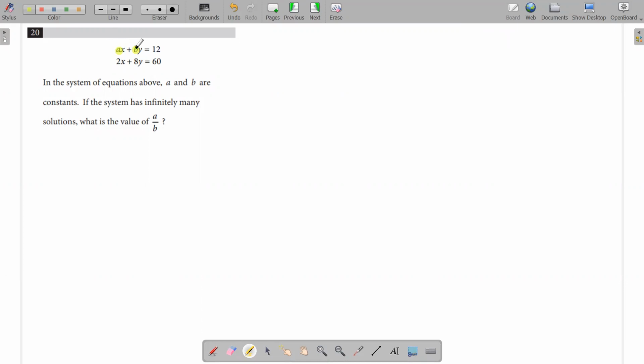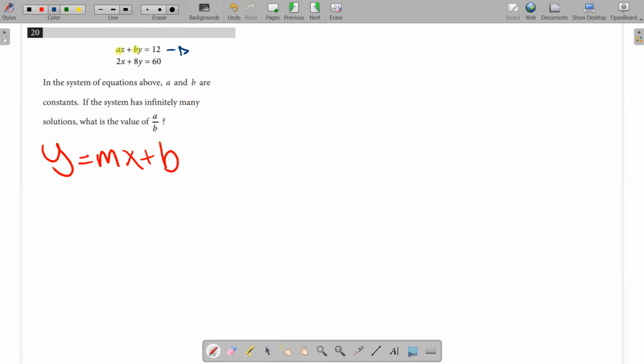Now, I can use both methods that we saw before to solve this question. But in this case, I'm going to use the first one, the one that converts the two equations into slope-intercept format. And I'm doing it for one reason. I know that by doing that with the very first equation, I will get a over b.